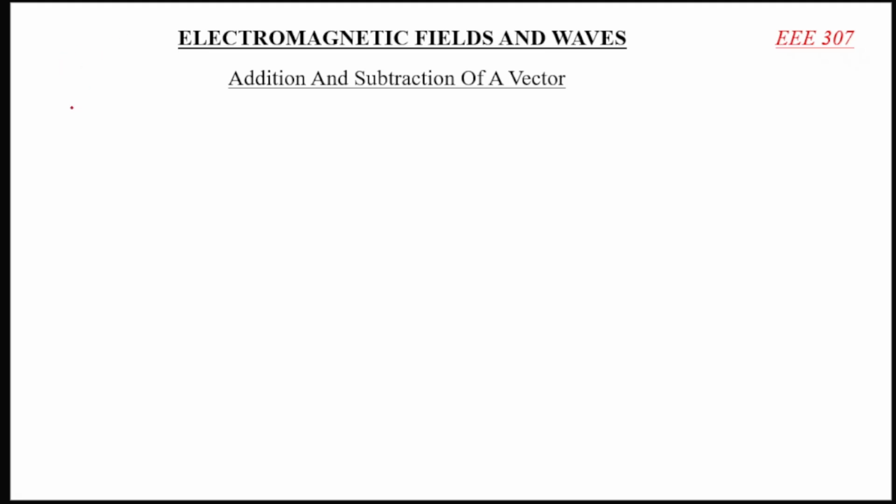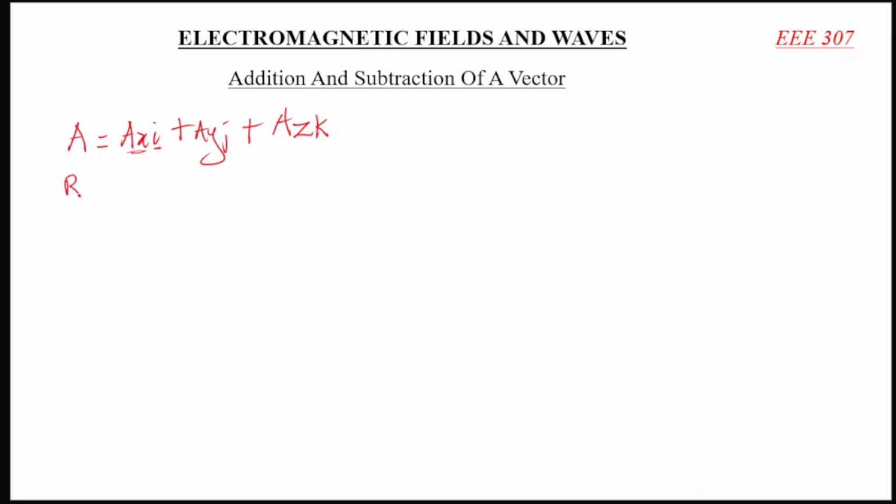Now let's consider vector A. Let's say we have vector A equal to AXi plus AYj plus AZk. Remember, what we have here is our magnitude, and what we have here is the direction. Am I communicating?